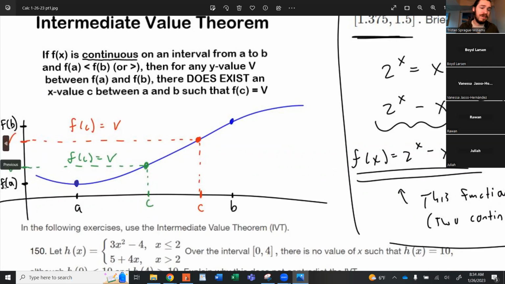Now, if one of these is negative and the other one's positive, then in particular, 0 is a value between any negative number and any positive number. So that's just a particular way that you can use the theorem. Does that make sense? So it's just a scientific way of saying that there's more points in the graph in between the 2 points?